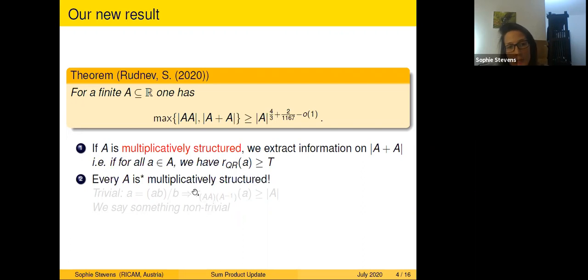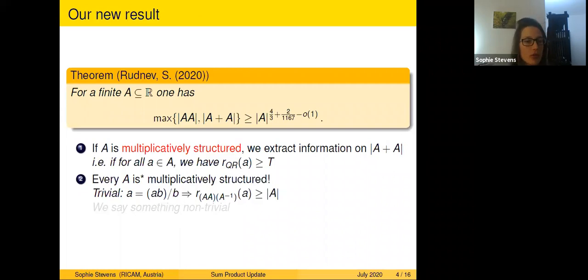If I take any element little a of my favourite set, and I multiply and divide it by another element of that same set, I can write a as ab over b, and I could have done this in as many ways as there were elements of my set, so in the size of A different ways. What that means in the notation above is that the number of representations of my little a as a product of an element of the product set AA and the reciprocal set A to the minus 1 is at least however many choices I had, so it is at least the size of A.